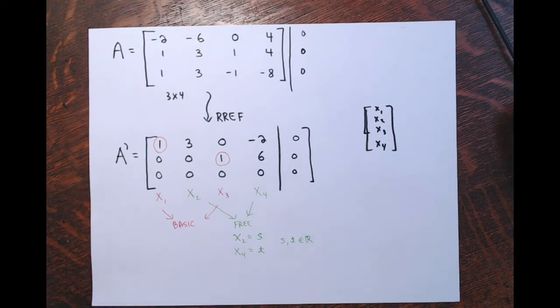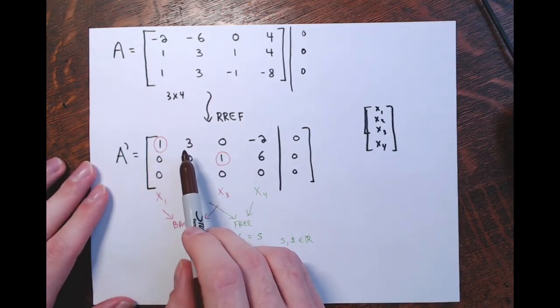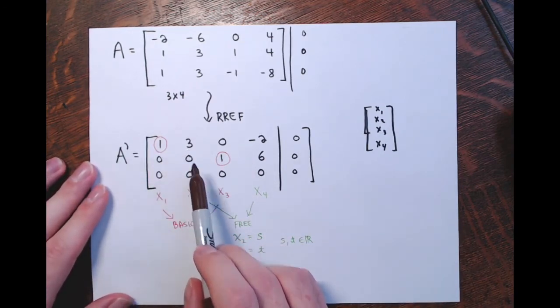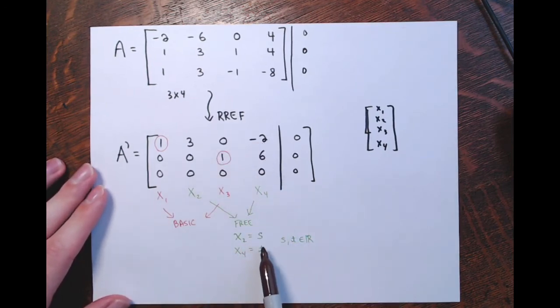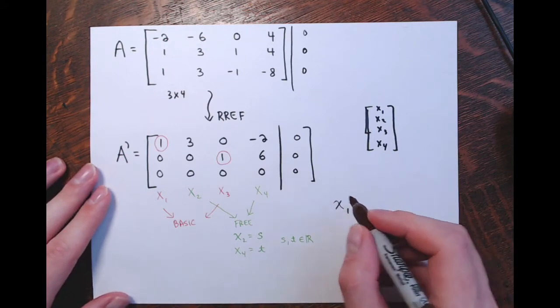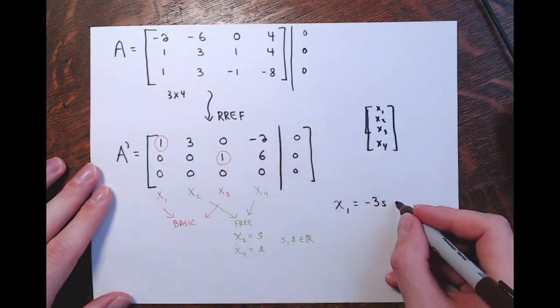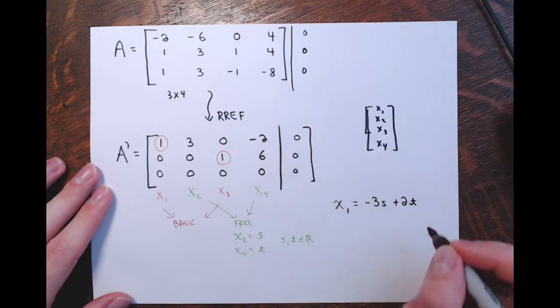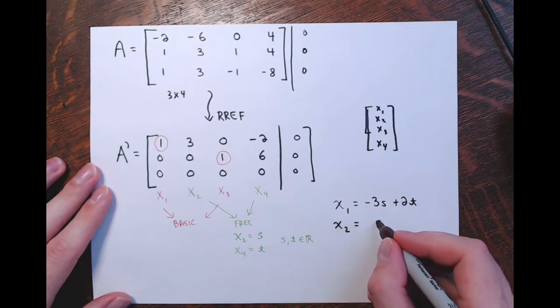And then from the first equation, I'm seeing that x1 plus 3s, 3x2, minus 2t, minus 2x4 equals 0. So x1 would be negative 3s plus 2t. Now I already said x2 is just s.